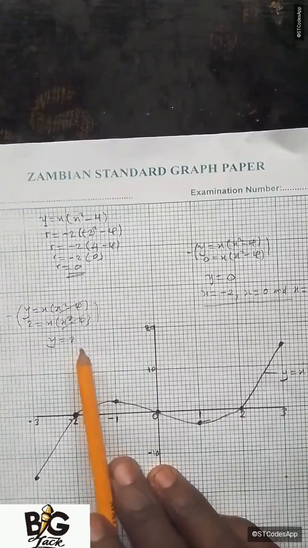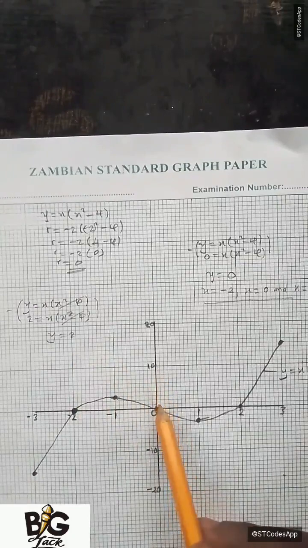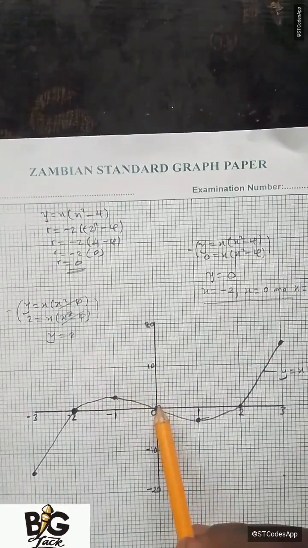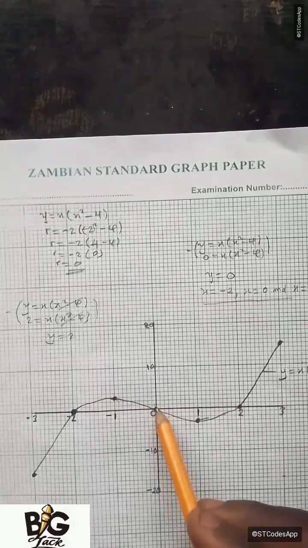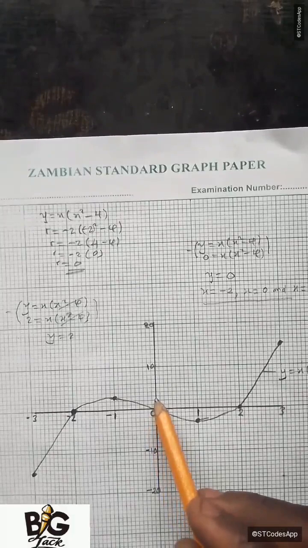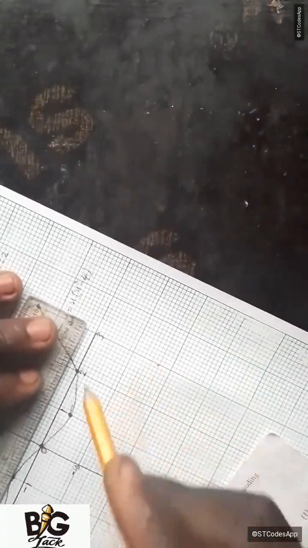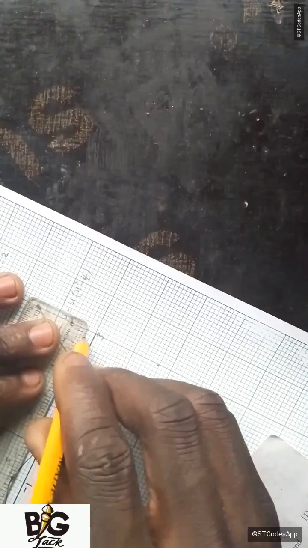Remember, this 2 centimeter has small boxes, which are 10, and every small box represents 1 unit. So I'm going to count from 0: 0, 1, 2. So in this part here, I'm going to draw now a straight line. So I'm going to draw a straight line like this one here. So let me just draw a straight line.